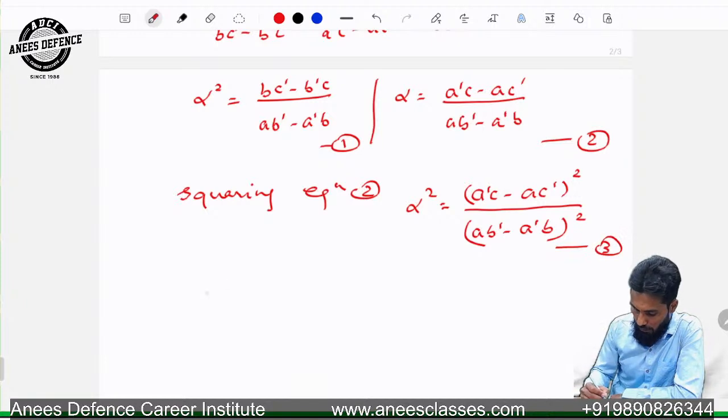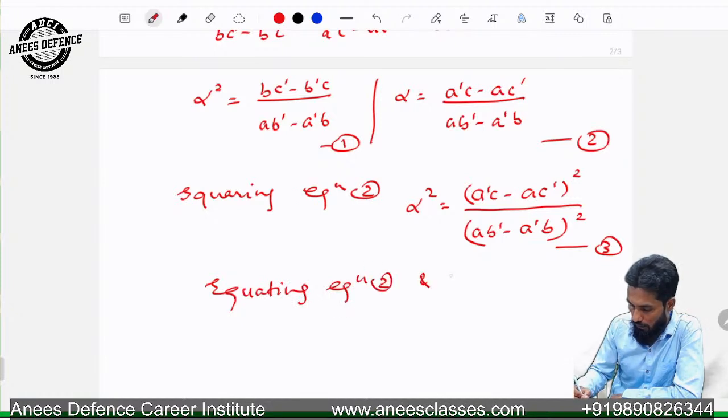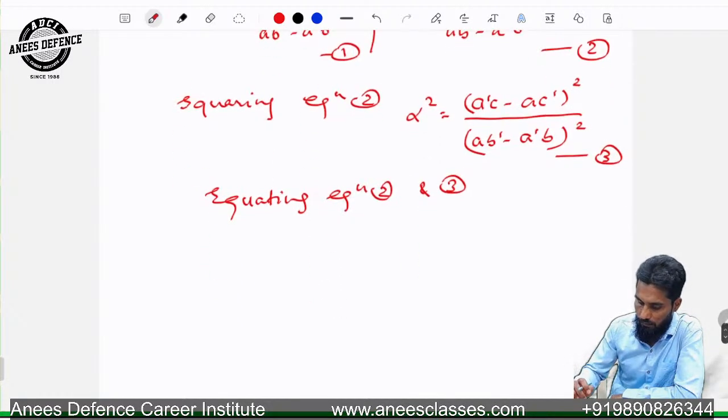Name it as equation number 3. Now equating equation number 3 and 2.